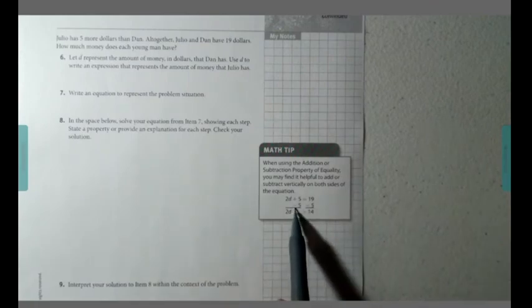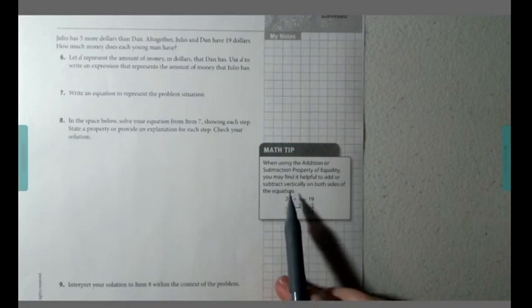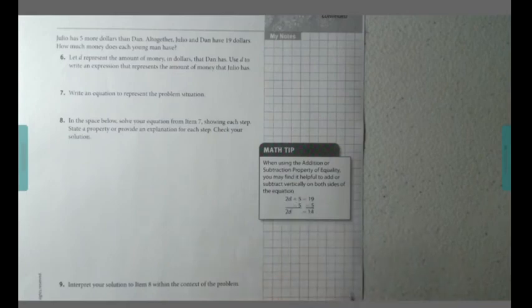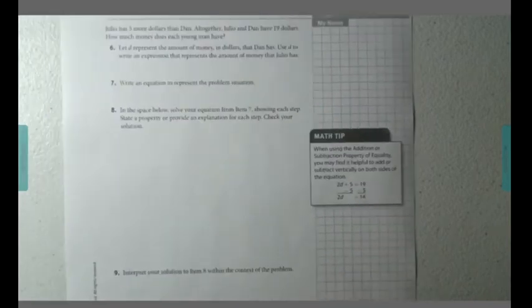For instance, doing the -5 and the -5 because we're aligning like terms. So then we just bring down the 2D equal to 14 and then go from there.